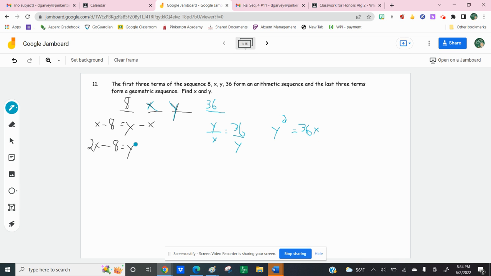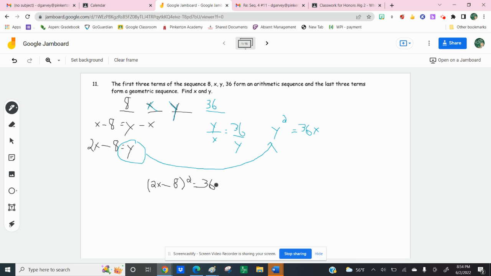All right, well, here I have an equation for y. So why don't I take that equation and substitute it in here for this y? If I do that, I will then have (2x minus 8) squared equals 36x.